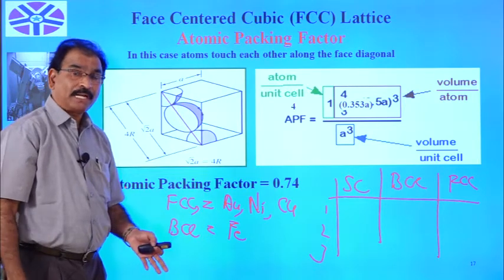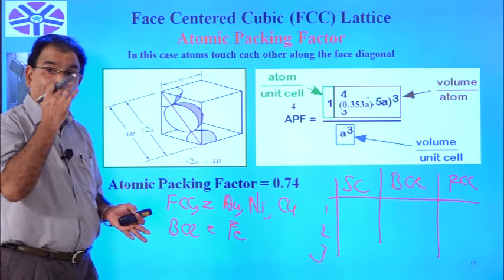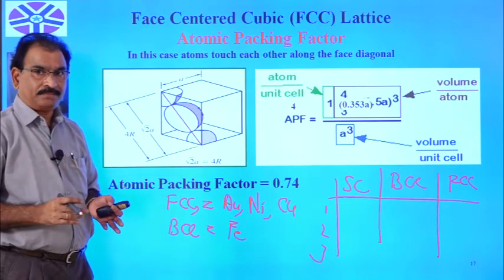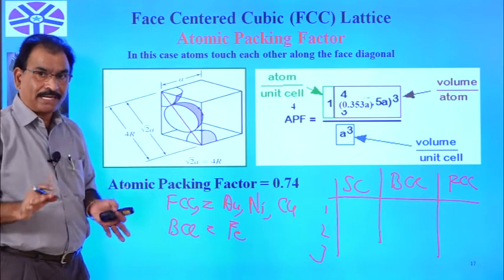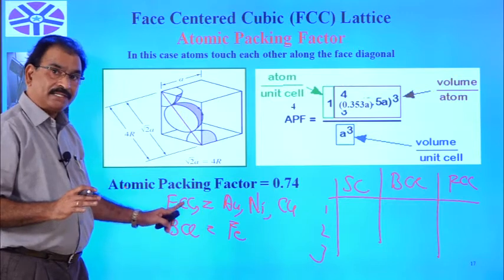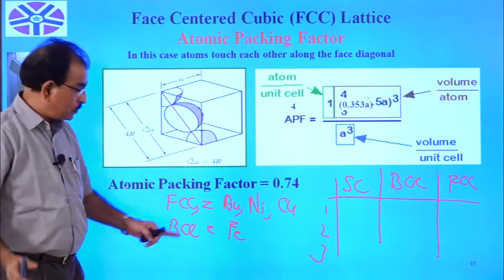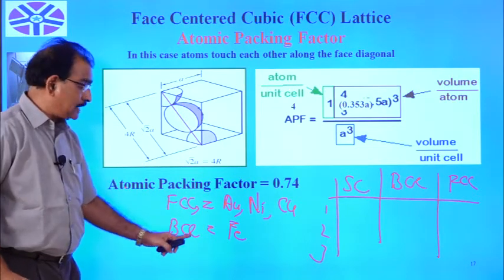Whereas, simple cube, normally metals do not have simple cubic lattice, only non-metals, ionic crystals have simple cubic lattice, like sodium chloride. Metals have BCC, FCC and of course, HCP, which will be explained later. So, these are the examples belonging to FCC and BCC.